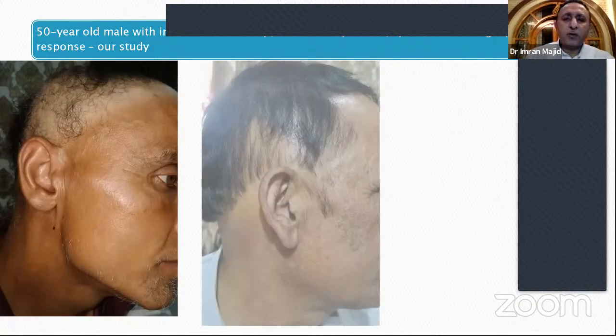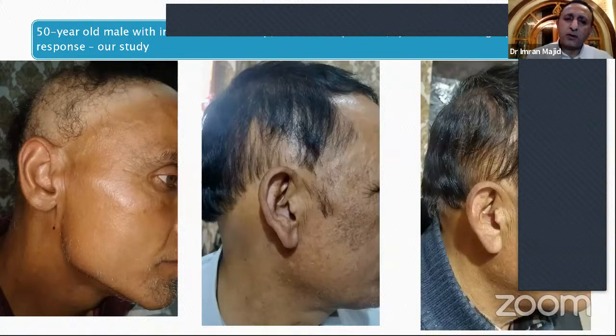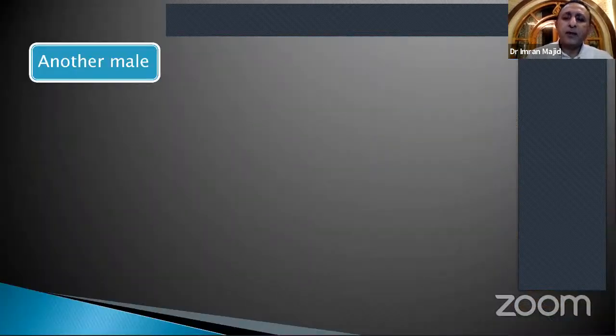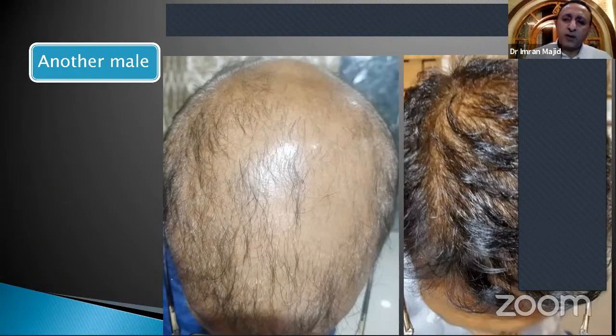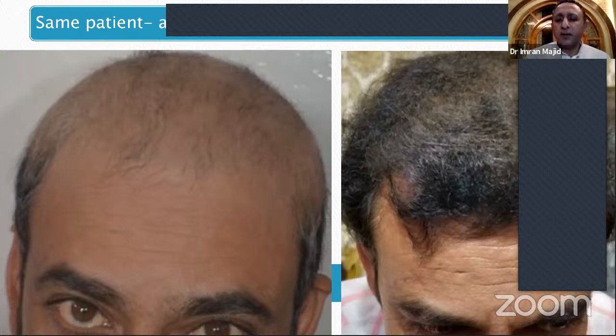We have used hydroxychloroquine here in our center, and we have shown also that this drug is effective in cases with severe alopecia areata. Some cases that we have treated with hydroxychloroquine. So you can get decent results, but again, as with other drugs, this drug is also not universally effective. Some patients do respond, but some patients do not.